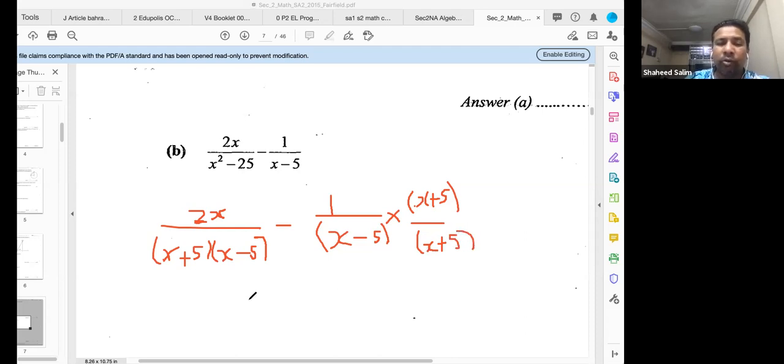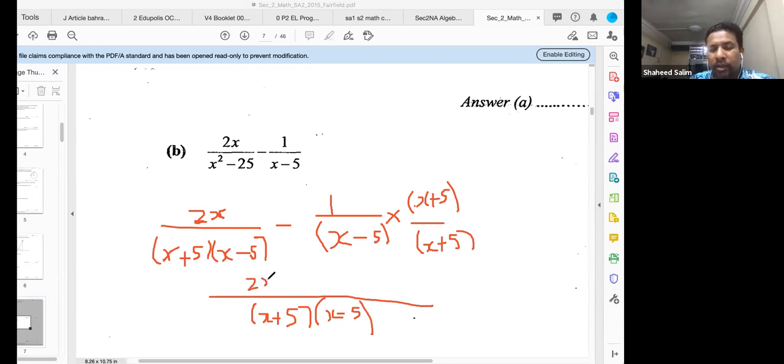So now you have one whole long one: x plus 5, then x minus 5, and down here still 2x, because this is the original one, with the same denominator, so there are no adjustments. Down here, minus x plus 5, because 1 times x plus 5 is x plus 5. So minus x, minus times plus, minus 5.